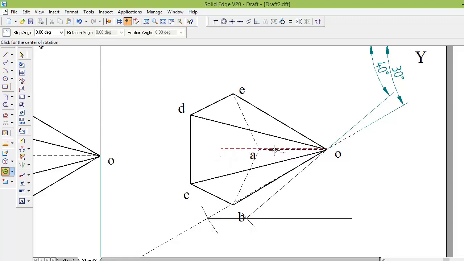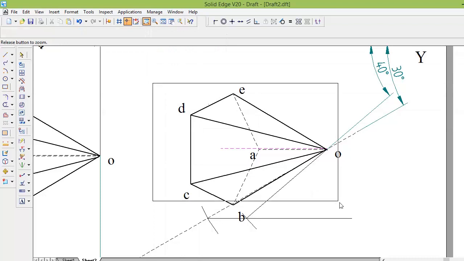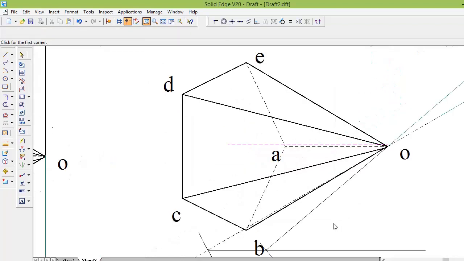A little bit of mistake here. See, this A and this A are on the same line. The actual beta angle is 41 degree. I have got 40 degree here because of this mistake.